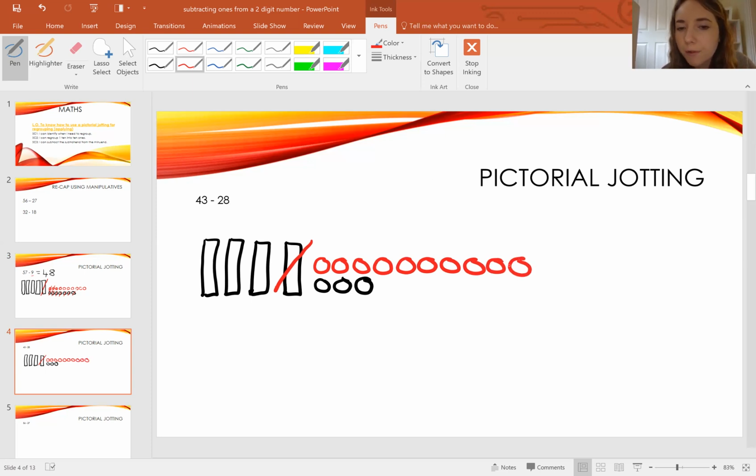It's really important that you have 10 here so that you have regrouped your 1 ten into 10 ones and not 9 ones or 11 ones, because otherwise you're adding or subtracting one without realizing. So it might be worth just double checking that you have definitely got 10 that you've regrouped it for before you start subtracting.